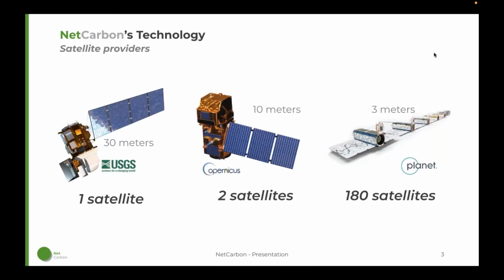But for now, we are using just 3 types of data: Landsat 8, mostly for the thermal temperature, for the TIRS sensor, Sentinel-2 from Copernicus, as well as PlanetScope with a large panel of satellites, and this is allowing us to have the revisit that we want for different types of algorithm.